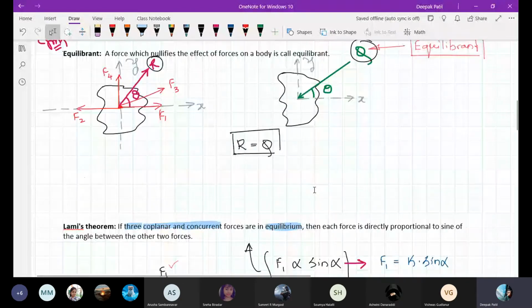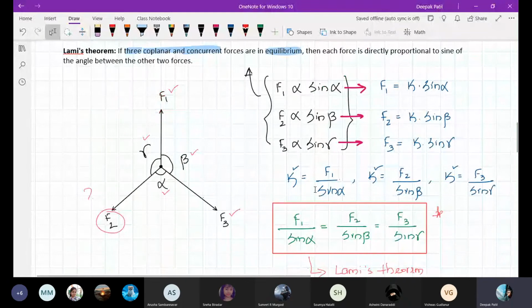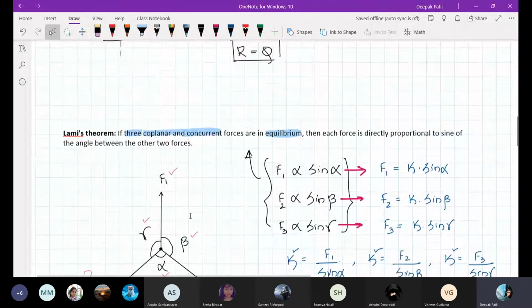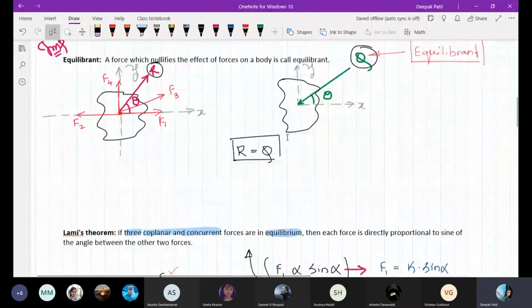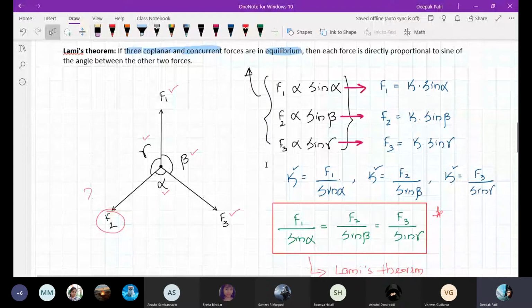If you don't want to apply Lami's theorem, you can still find the forces in the unknown members by going for the equilibrium equations. Even without applying Lami's theorem, you can find them.